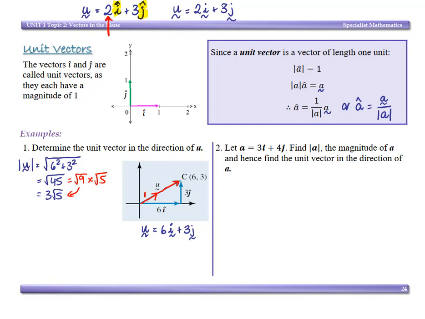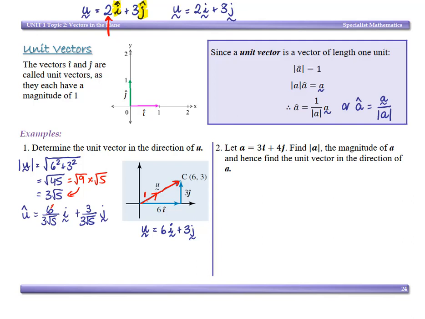So that's how I got that value. So my unit vector is going to be 6 over 3 root 5 i plus 3 over 3 root 5 j.